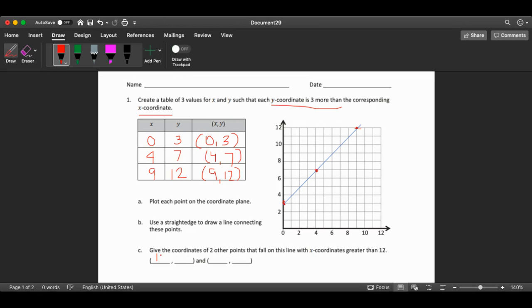So let's say we'll do 13. And let's do, I'm going to be creative here and do 15 and a half. All right, so again, y is 3 more. So think about 3 more than 13. It's obviously 16. And then 3 more than 15 and a half would be 18 and a half.